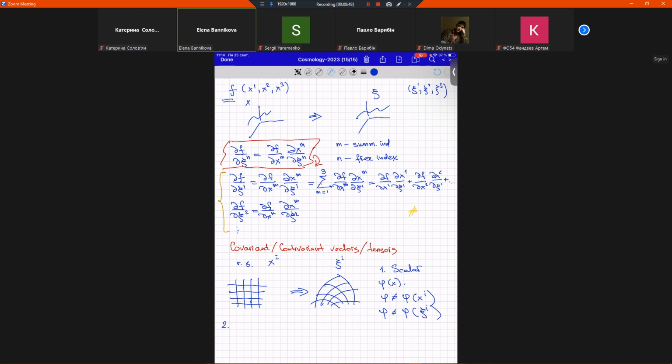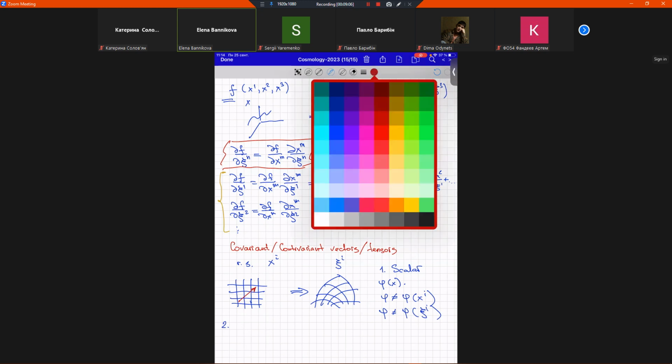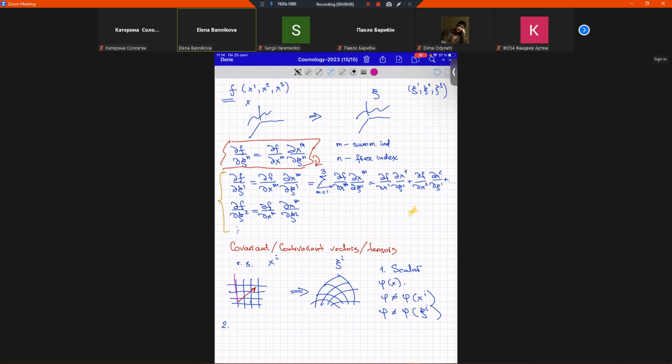Let's consider vector. So I will put here vector. If we put here some coordinate lines, and for example, I will consider element of the length, so the small length of the vector.